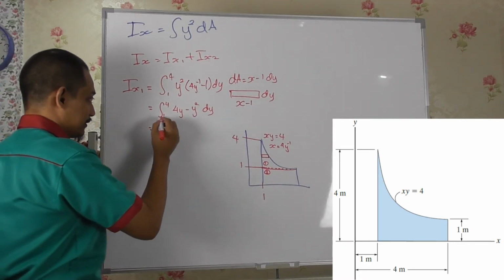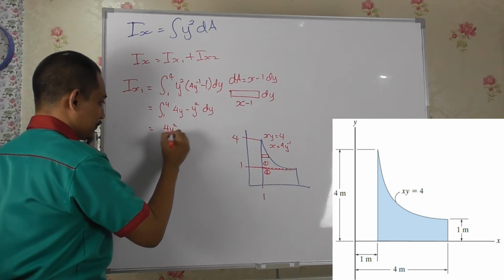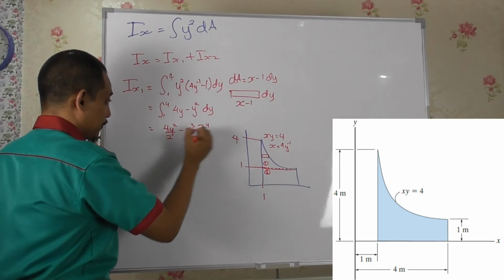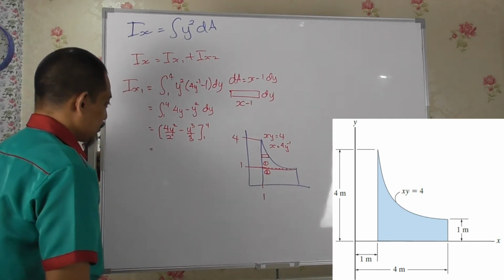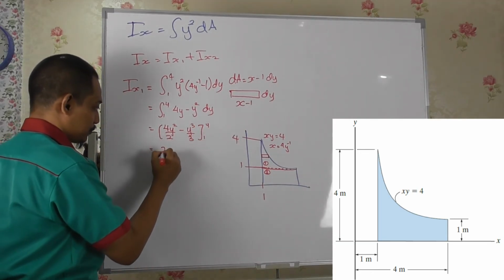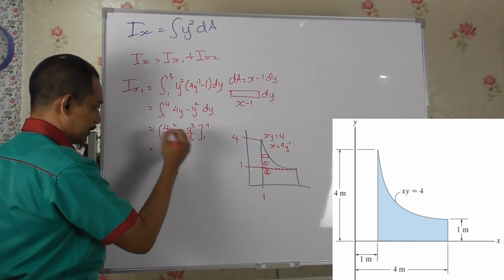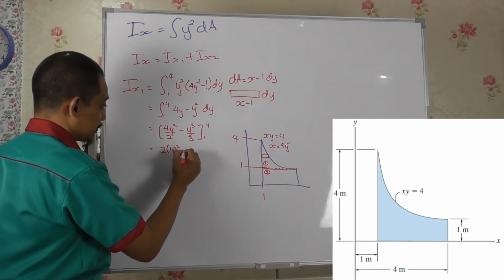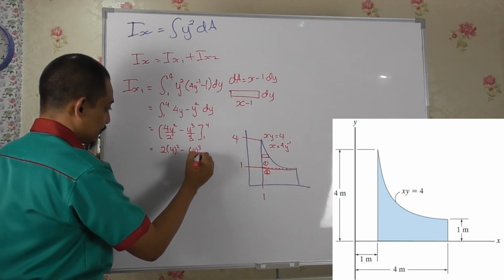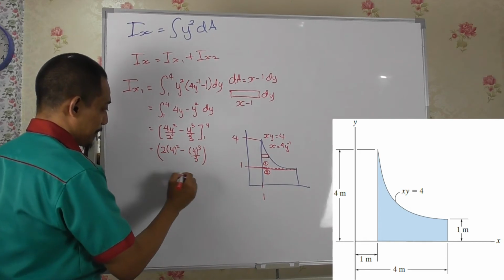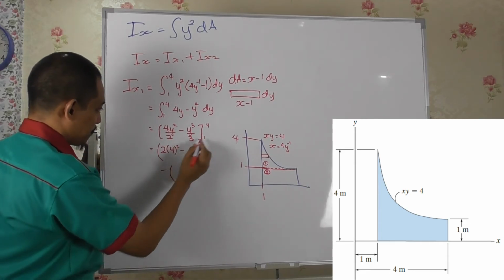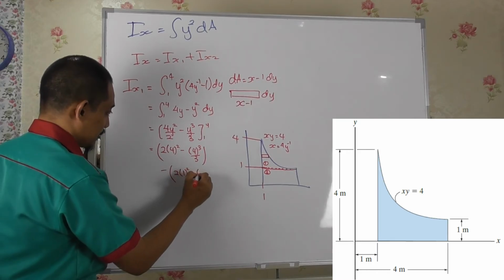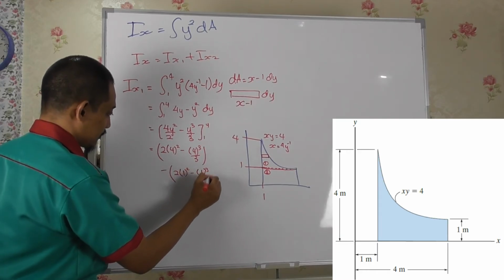Integrating, so 4y squared over 2 minus y cubed over 3 from 1 to 4. This will become 2, and then we plug in 4 first, so 4 squared minus 4 to the power of 3 over 3. This whole thing minus, we plug in 1, so 2, then 1 squared minus 1 cubed over 3.